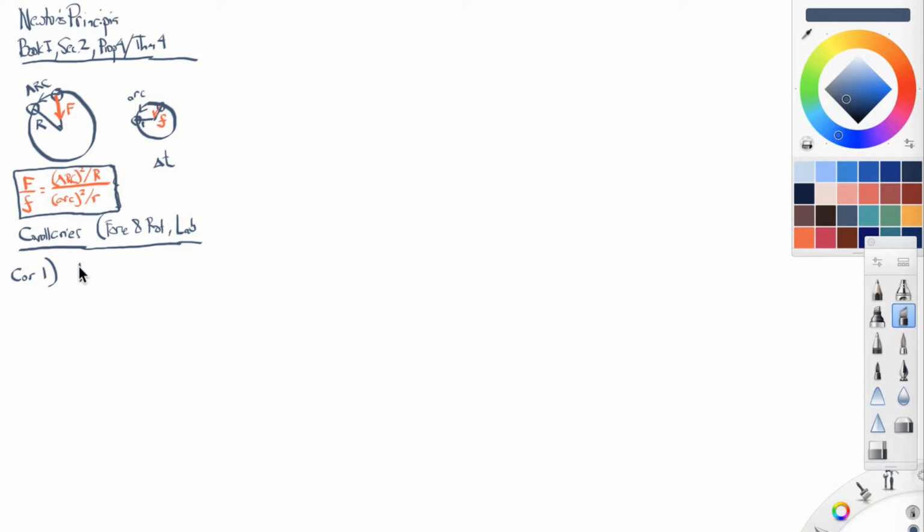So the first one, he claims that if two objects are in orbit, the ratio of their centripetal forces can be written as the ratio of their velocities squared divided by their radii of orbit. So in other words, if this one right here is traveling around with a velocity capital V, and this one is traveling around with a velocity little v, and this one has a radius capital R, and this one has a radius little r, this formula right here, that's in orange, can be rewritten in this form. So this is basically another way of writing this formula.